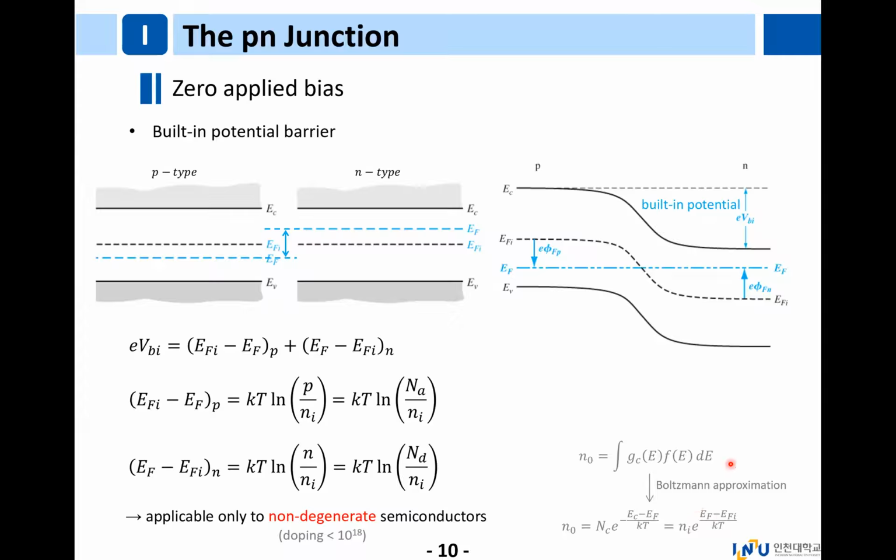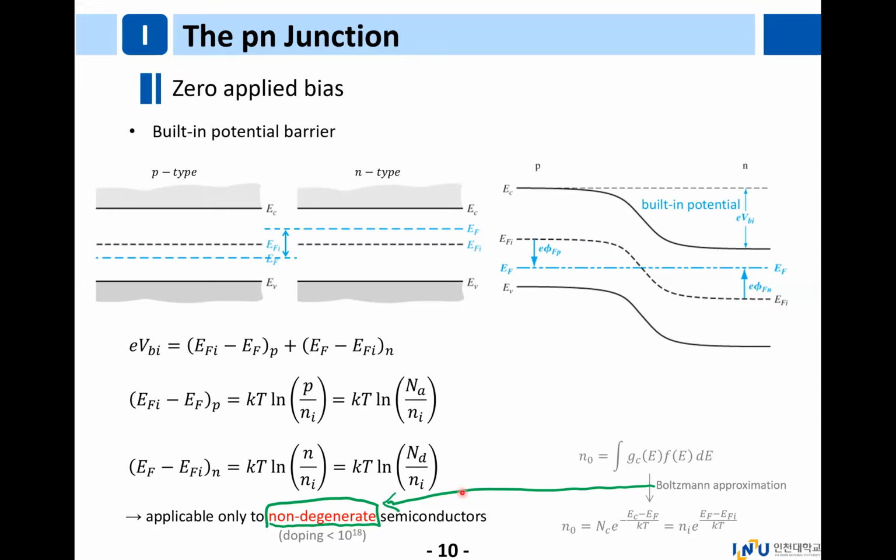So when is the Boltzmann approximation valid? The Boltzmann approximation is valid when low doping, non-degenerate. So it is only valid for non-degenerate semiconductors.